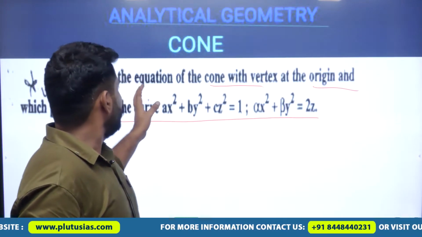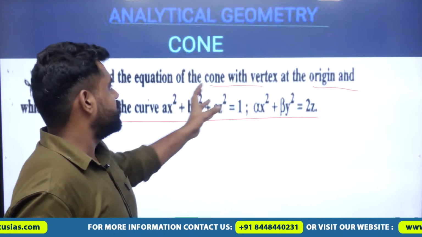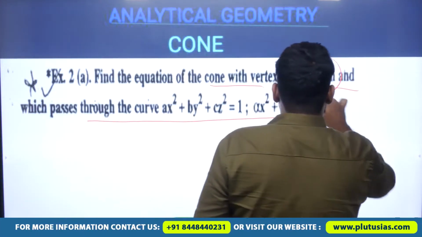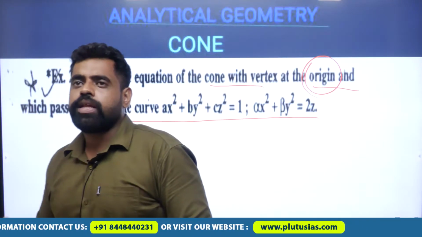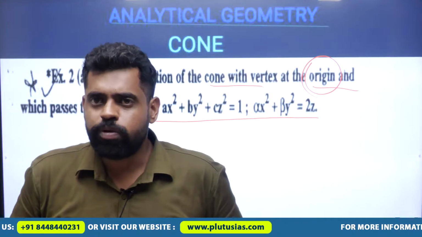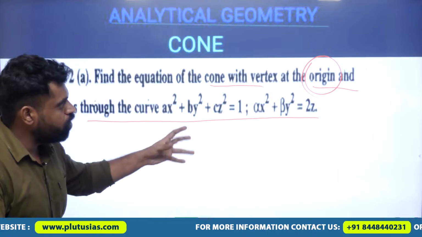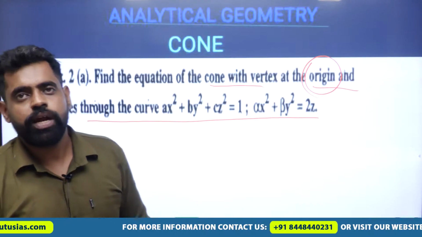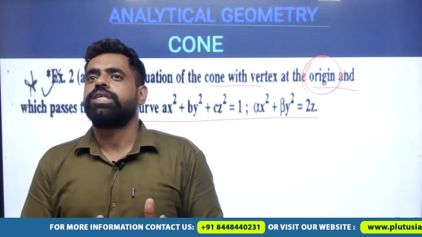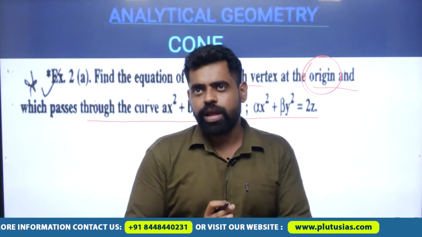Since the vertex is at origin, I already told you that the equation of the cone would be homogeneous in nature. So you combine these two equations and form a homogeneous equation, and then you will get the answer.